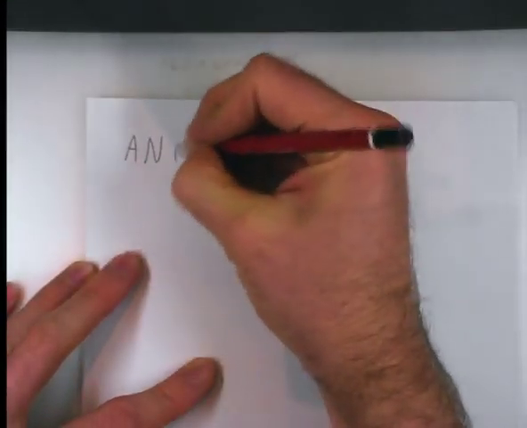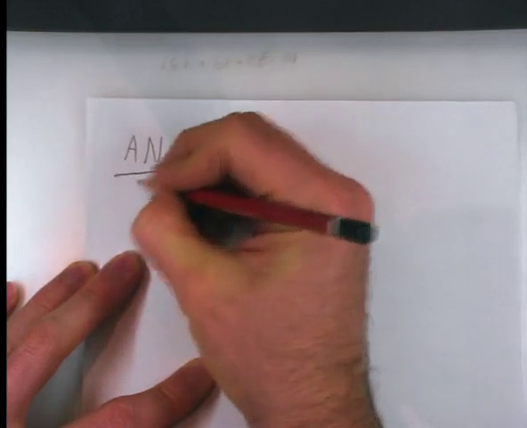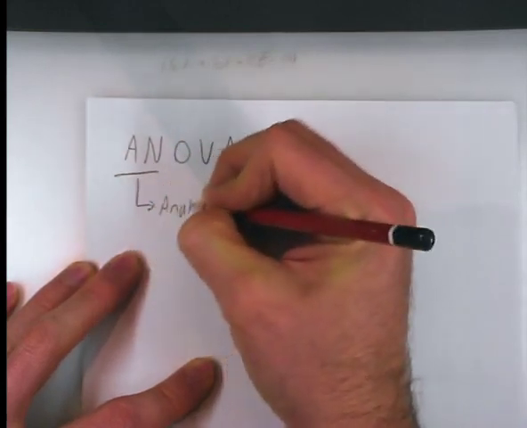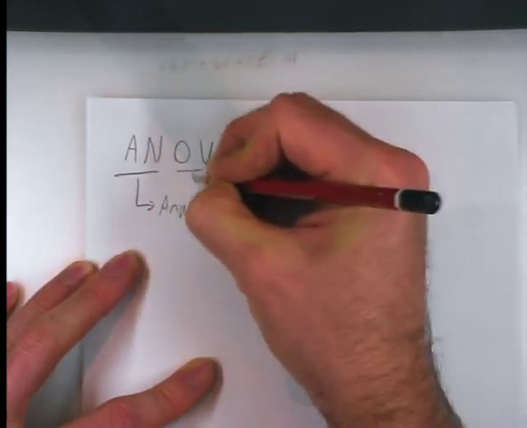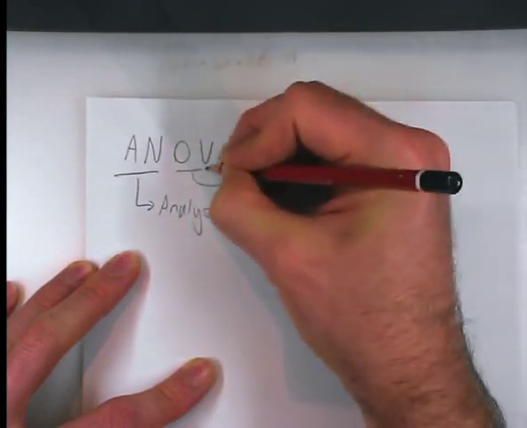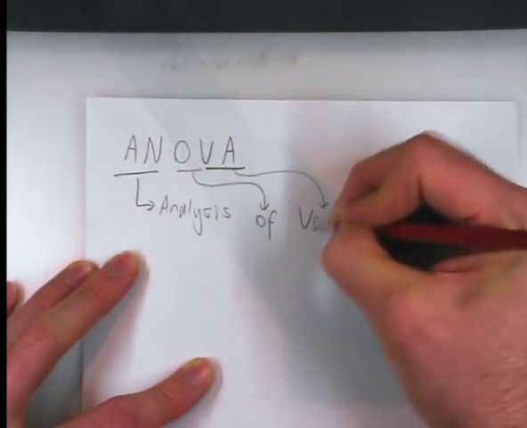Okay, the next one on my list is Anova. So the AN stands for analysis, the O stands for of, and the VA stands for variance.